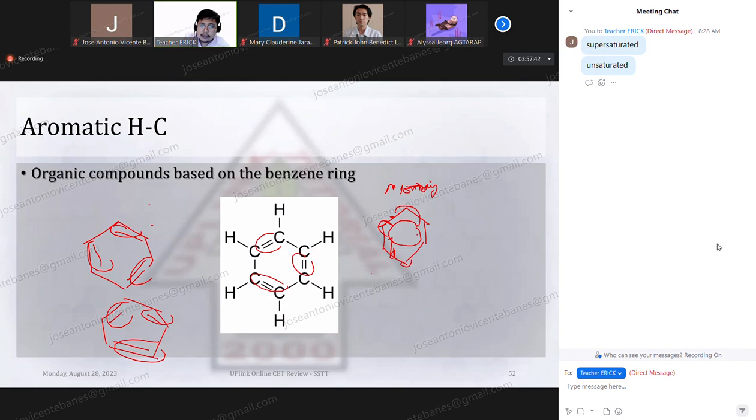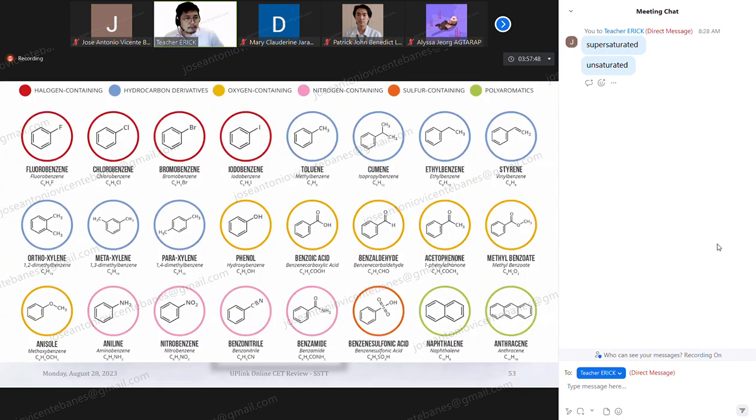So as long as they are alternating, then they are resonating with each other. The example for the benzene ring is actually easier to understand if you have halogens like fluorine, chlorine, bromine, and iodine. Just get the name of the halogen, then add benzene, like fluorobenzene, chlorobenzene, bromobenzene, and iodobenzene.